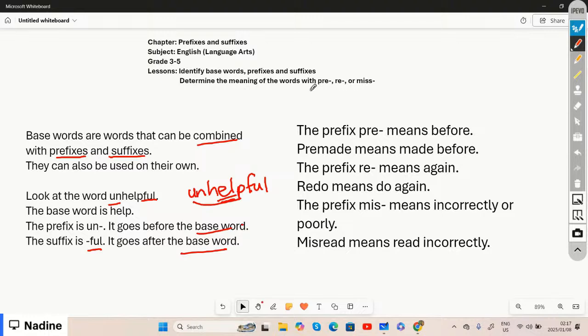And if we look at the prefix pre, right? Pre means before. Yes, like pre-make. It's like before you make something, right? Pre-make something. You pre-eat something.